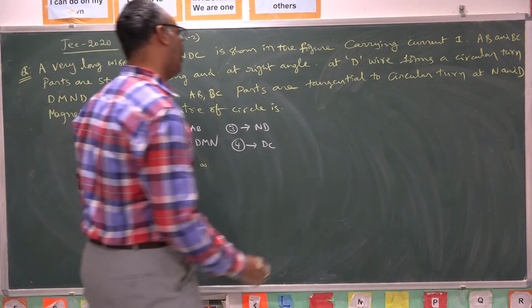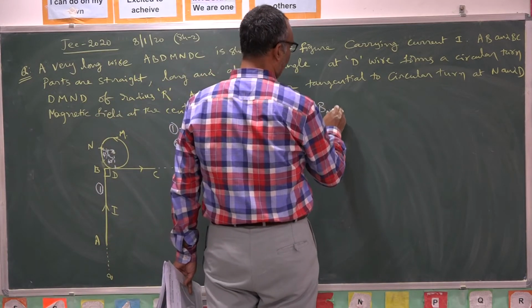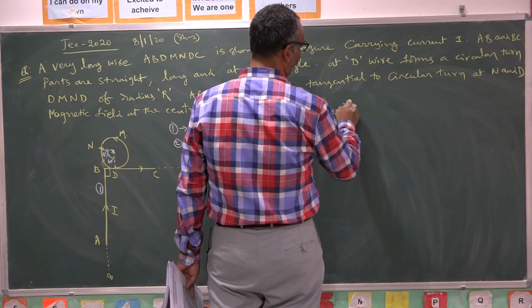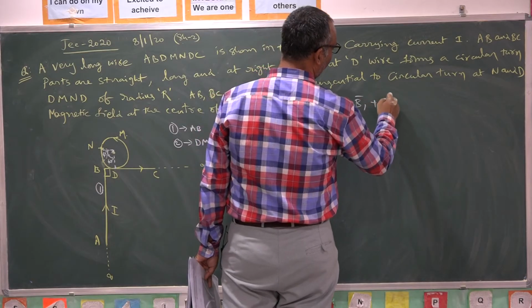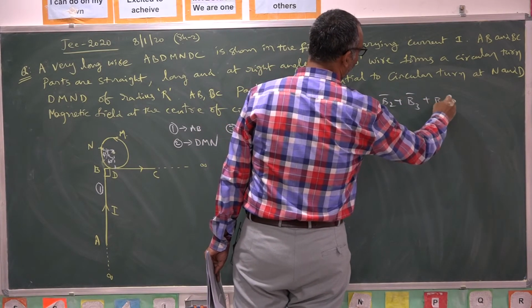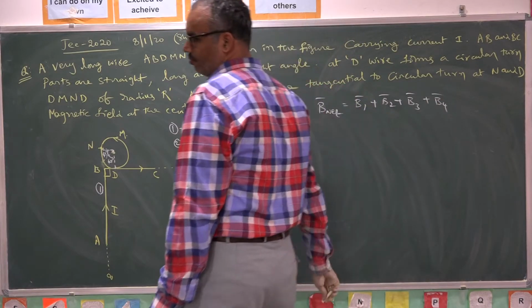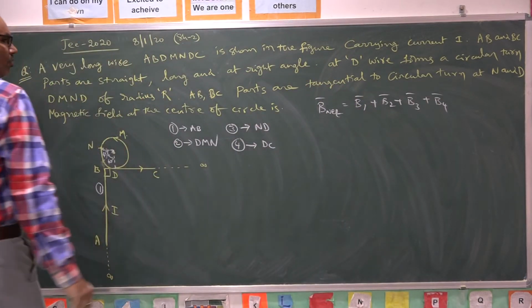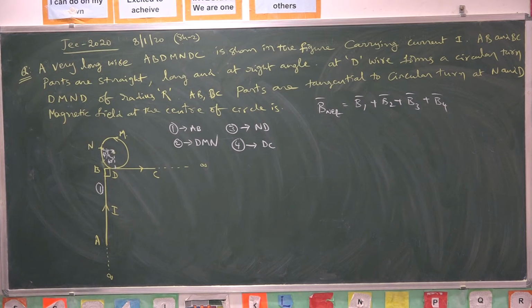So net magnetic field means field due to first portion, field due to second portion, field due to third portion, field due to fourth portion. And we know the general formula. Whenever some infinite wire is there, if a point is here, what is the strength of magnetic field?